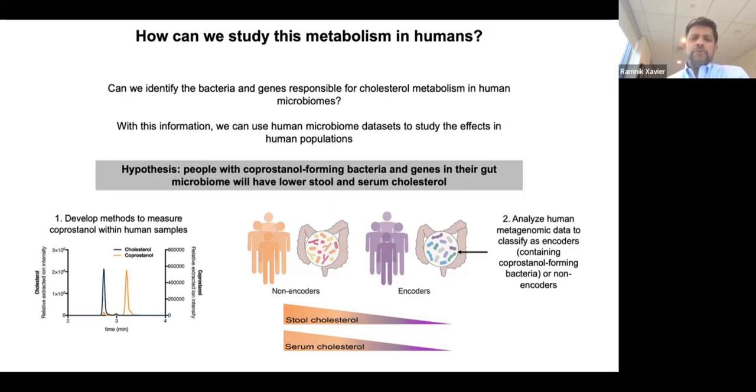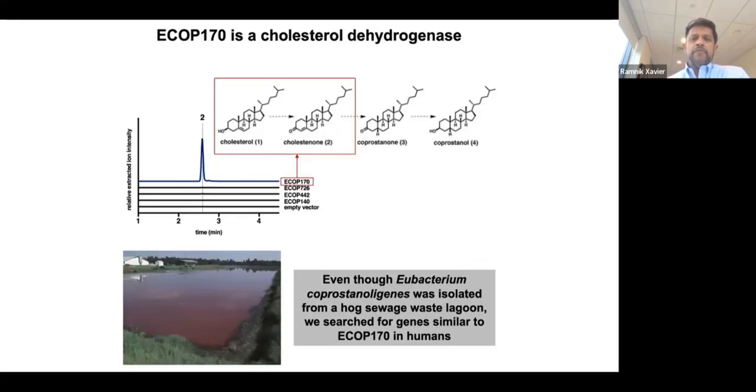And I'm skipping through a lot of detail, but what he was able to identify, initially starting with this bacteria that previously other investigators had shown had some activity in this conversion reaction, was this enzyme that he called ECOP170 at that time that could bring about the initial conversion of cholesterol to intermediates that end up as coprostanol.